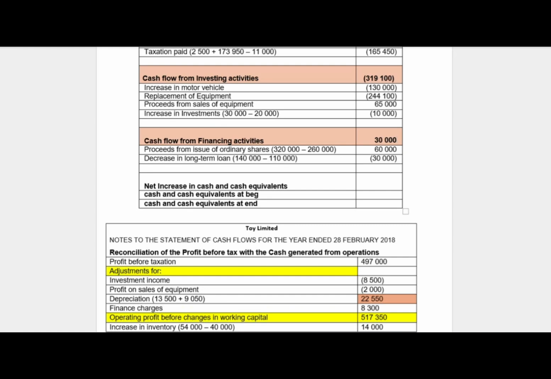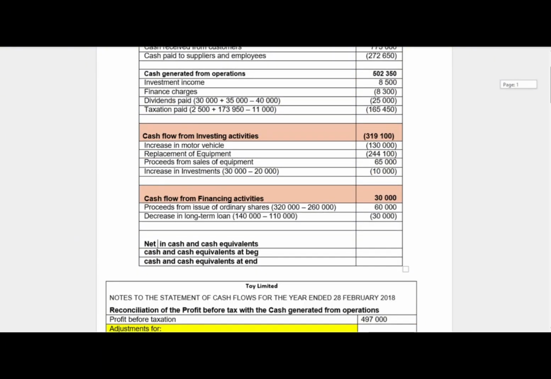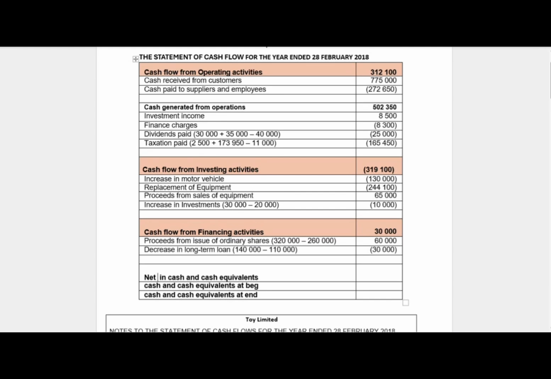All right, so now we need to do the net increase or decrease. Remember, here it's just the format from a different question, so it can be an increase, it can be a decrease. So let's go and calculate our increase or decrease in net cash and cash equivalent. For us to calculate this, we are going to say cash flow from operating activities of 312,100.